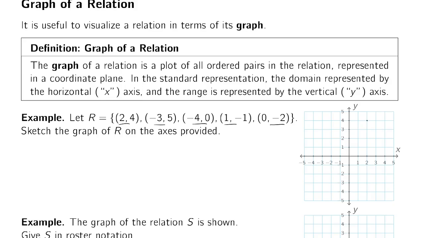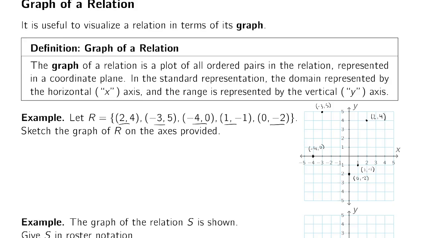So (2, 4), (-3, 5), (-4, 0), (1, -1), and (0, -2). So these are just points in the xy plane. And that collection of all of those points represents the relation R.